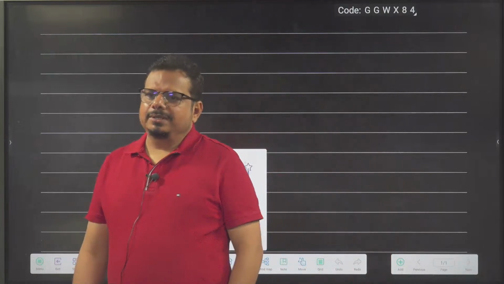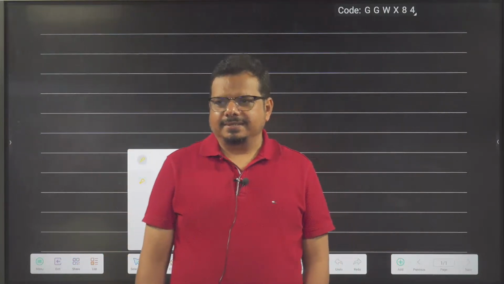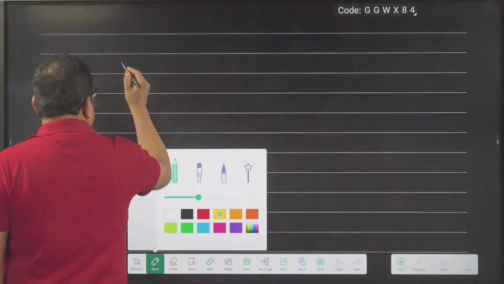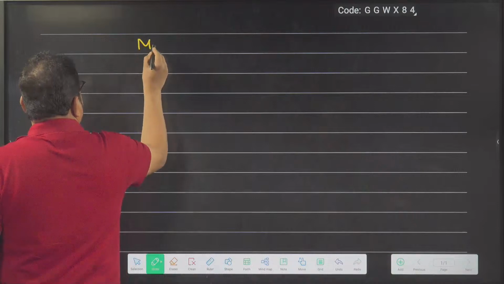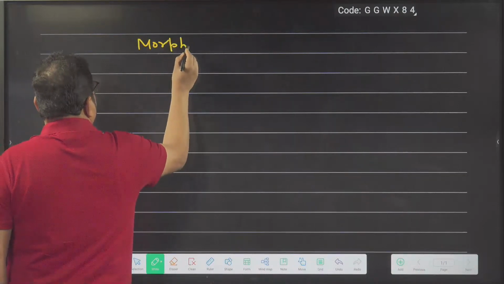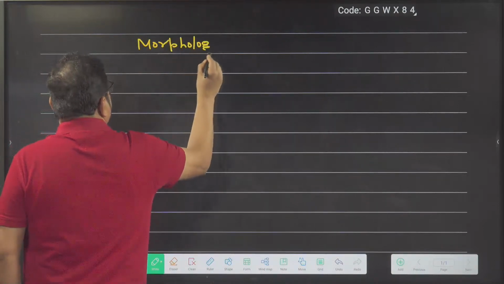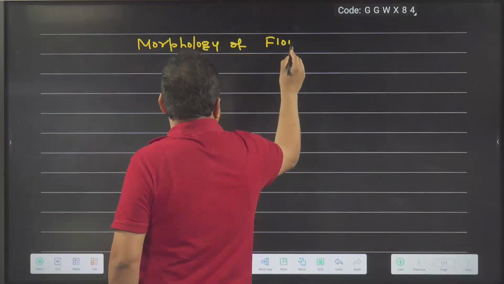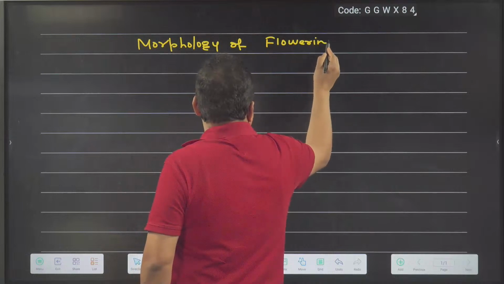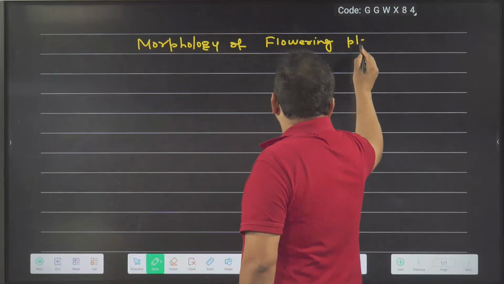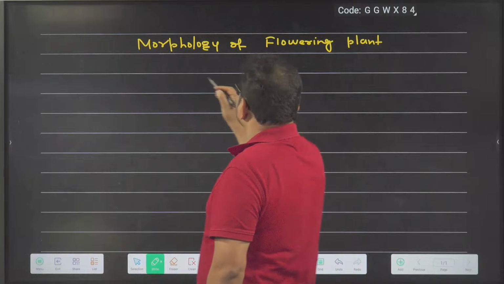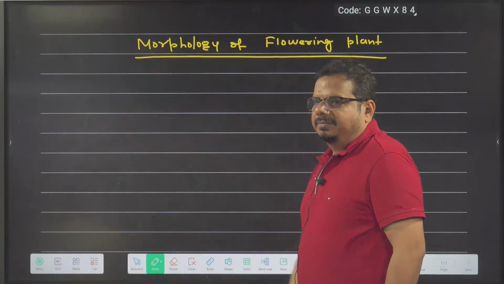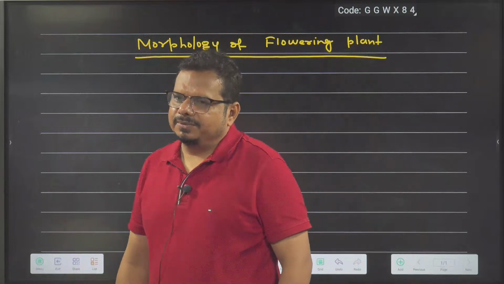So, from today onward, we are starting with our track sheet. And in the track sheet, we will start with this chapter, that is Morphology of Flowering Plants.